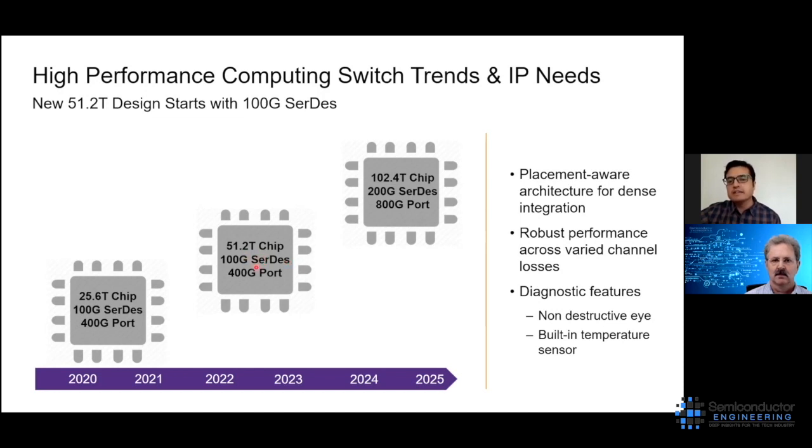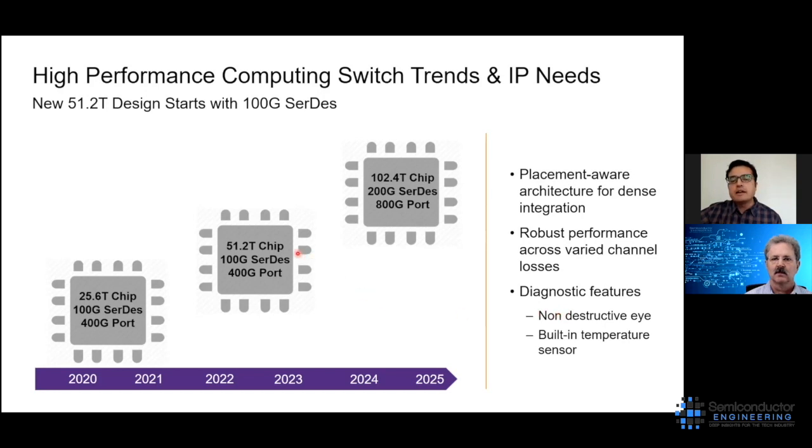So there are a lot of diagnostic features which our customers have started asking for, such as non-destructive eye plot. A non-destructive eye plot shows the performance of the receiver in real time. Using this data, the hyperscaler software can figure out how a particular link is performing. And if needed, the link can be reset during downtime so that there is no performance degradation.